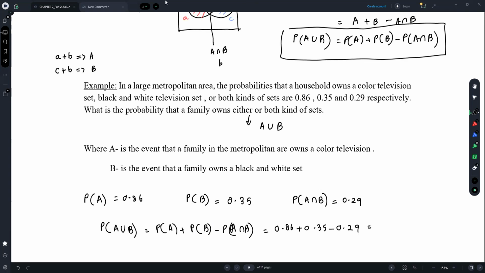Okay? So what is the answer? The answer is 0.92. Right? Or you may say 92%.